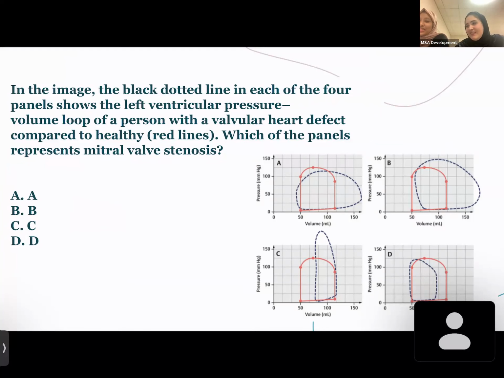Okay, so in the image, the black dotted line in each of the 4 shows the PV loop of a person with a valvular heart defect compared to the one in red, which is healthy. Which of the panels represents mitral valve stenosis? Again, for the valves.